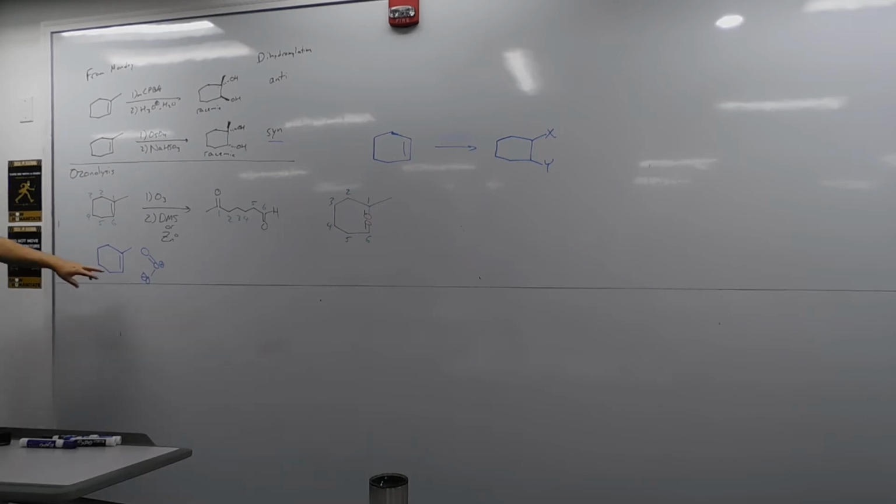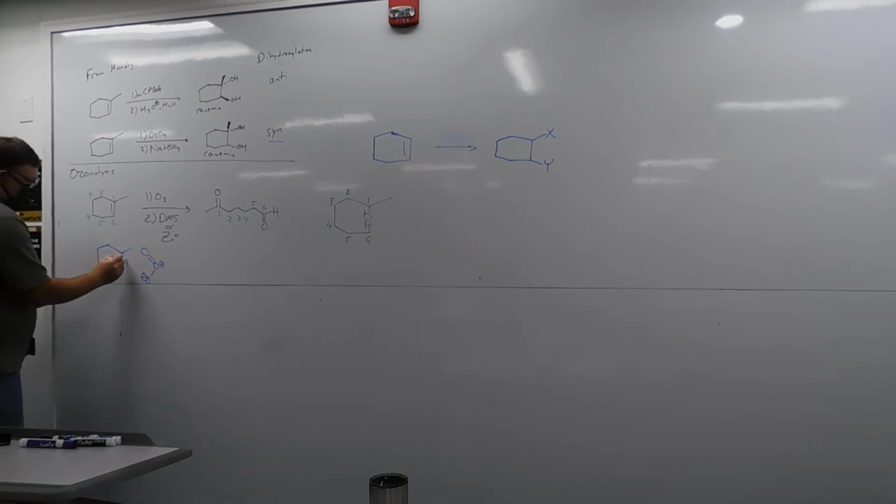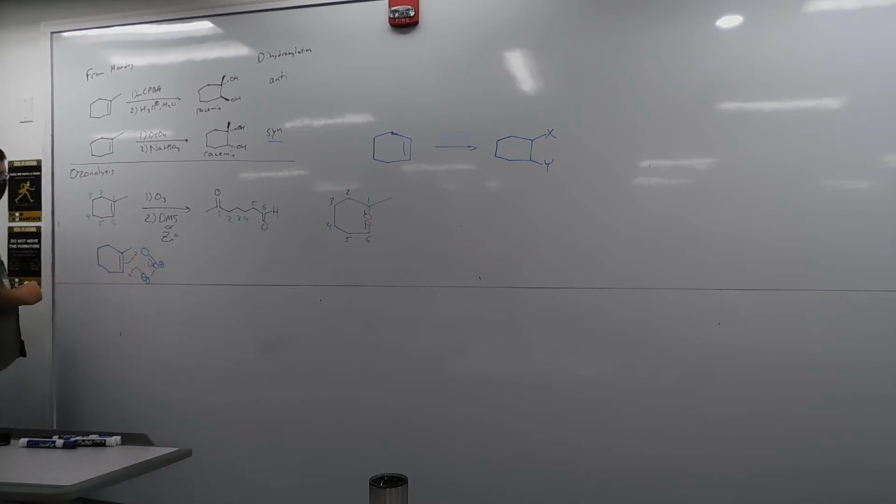So this negatively charged oxygen can make a pi bond here, kick these electrons to make that oxygen negative, and so the 2 O's on the ends are equivalent. And then this reaction does that. That's the mechanism for the reaction.